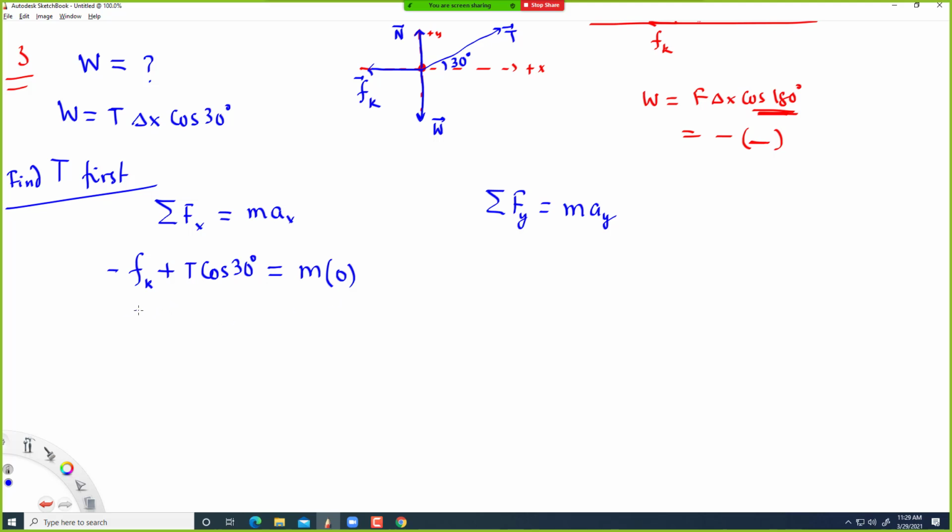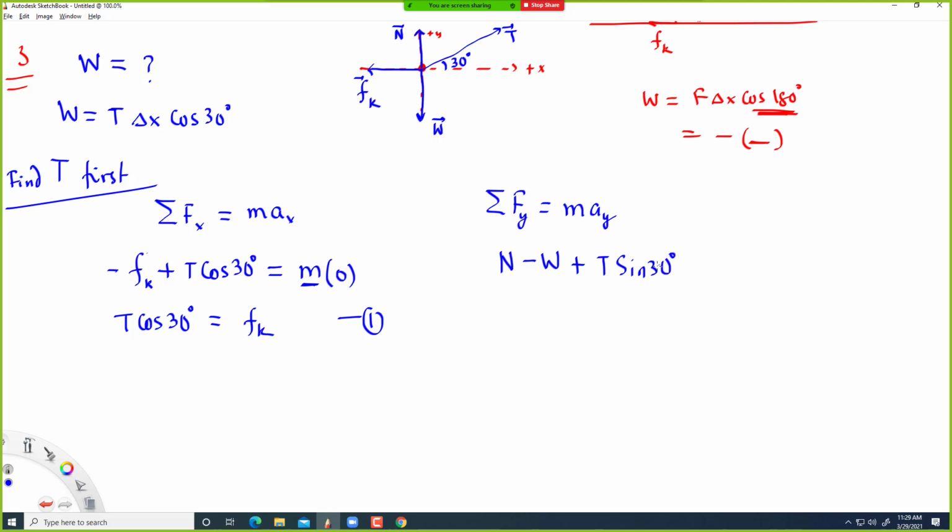So T cosine 30 degrees is equal to F sub k. Okay, I'm taking this to the right, and this thing is 0. So let's call this equation 1. Now let's write this equation for the y component. So we have normal force pointing up, weight pointing down, and there is the y component of this tension, which is plus T sine 30 degrees.